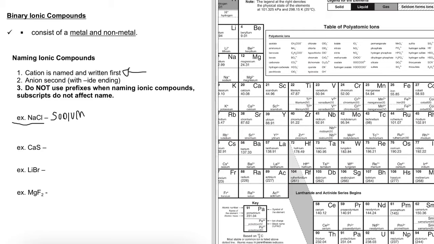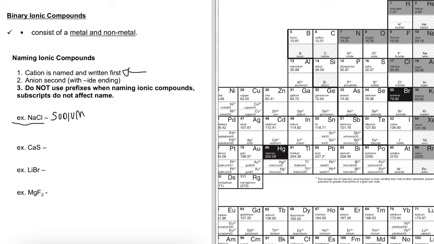I tend to write in all caps, but typically when you write names for compounds, you want to keep it in all lowercase. The anion, we just change the ending of the name to ide. So down here we actually have chlorine, but we're going to change the chlorine to chloride. So it has that ide ending.